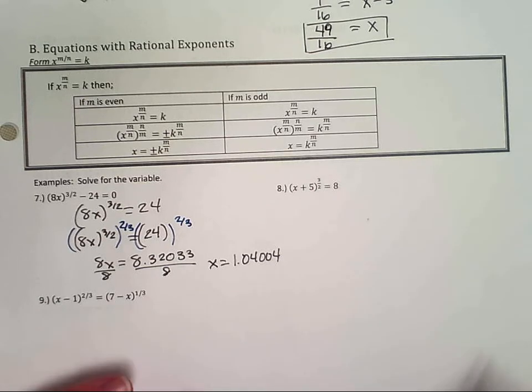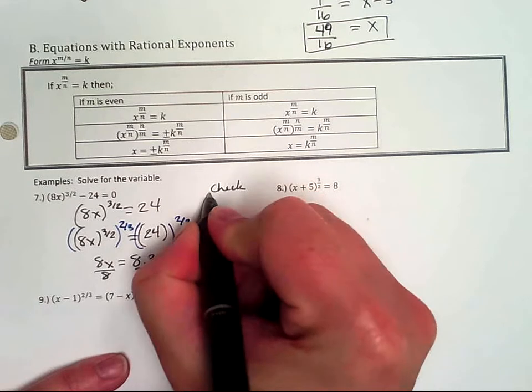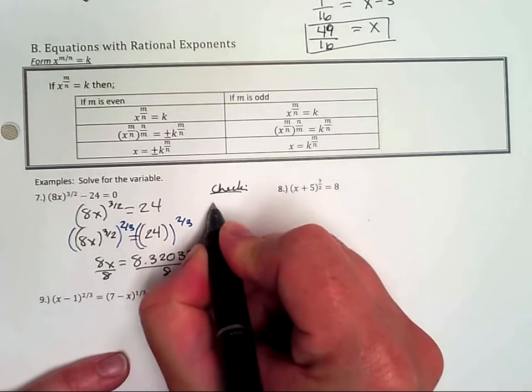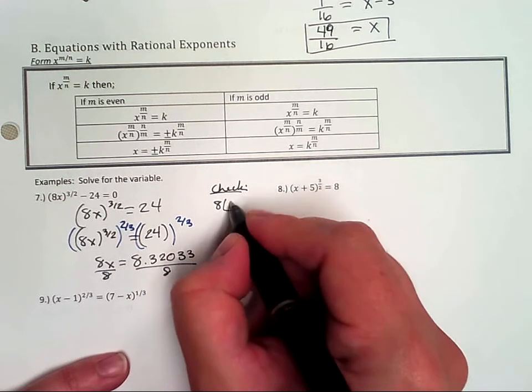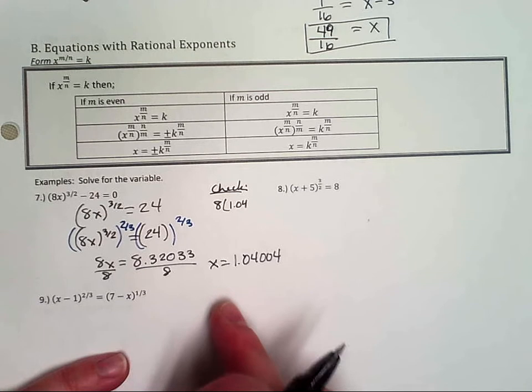Okay, so again, we should check our work. So 8 times 1.04. If you have your calculator, do not round this number until the end.